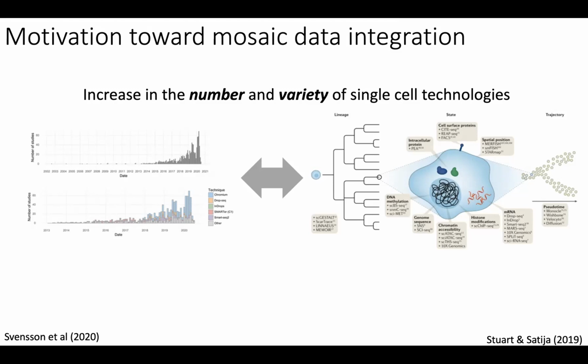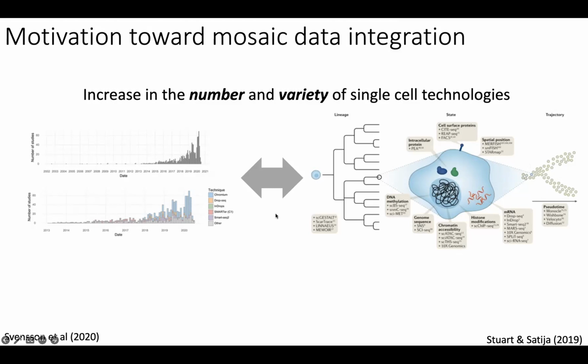And probably there's a bunch more as well. So, we can characterize the DNA, the RNA, the protein, spatial positions, lineage, and so much more.